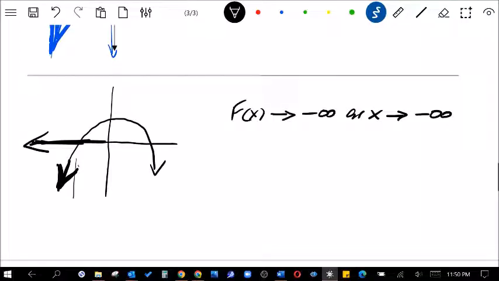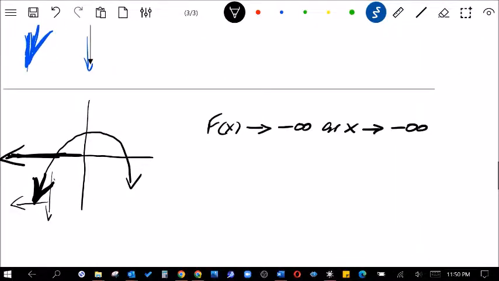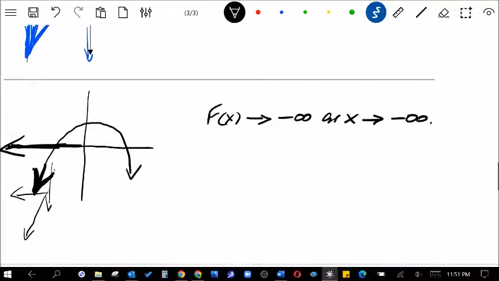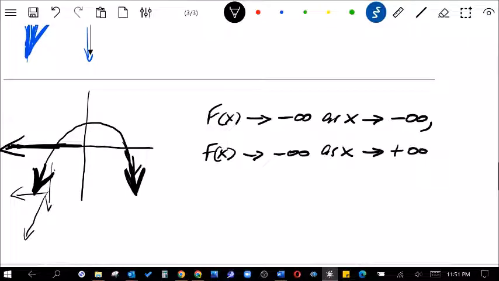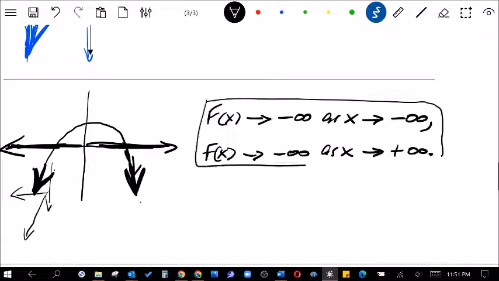So as this function drops down, it's actually also going that way, which is why it's going sort of on a diagonal. So that's one point, but then also the function of x approaches negative infinity this way, and x approaches positive infinity, because the x values are going out this way as the y values are going down. Notice this has a negative and a positive.